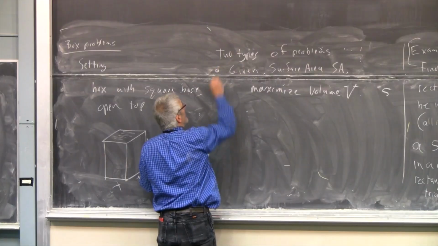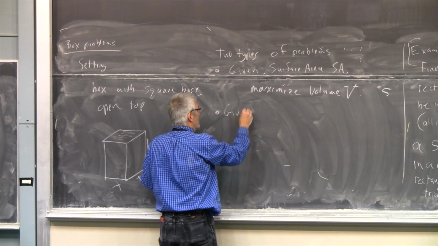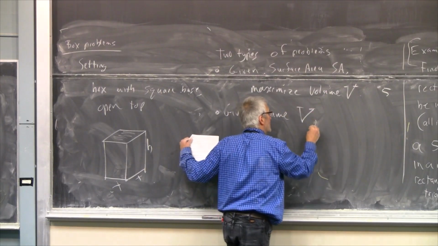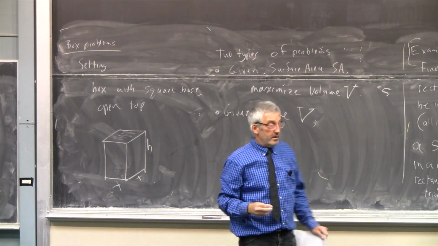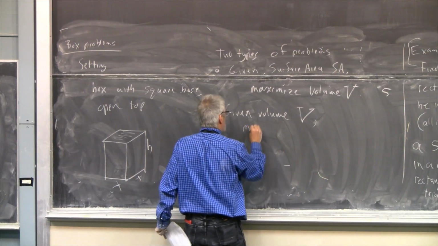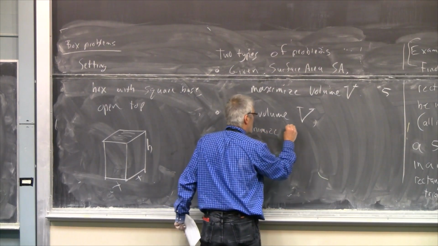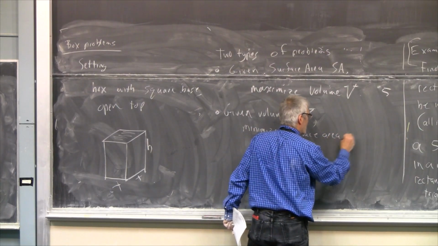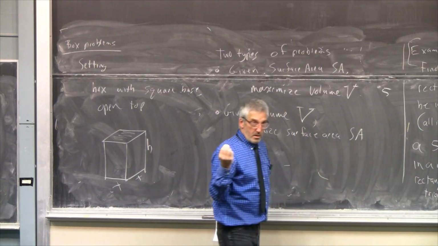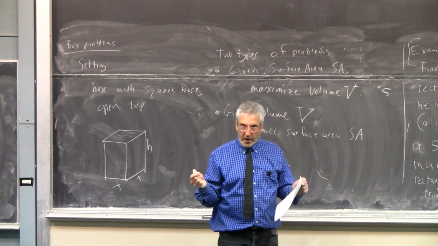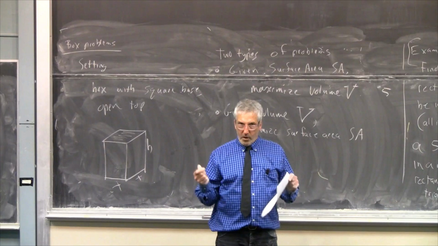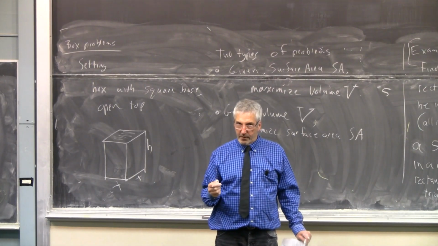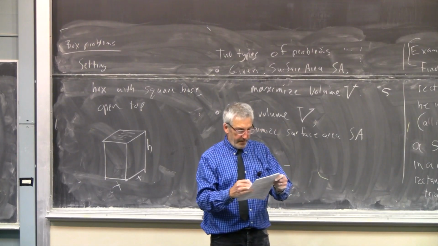Or, given volume V, minimize the surface area. So that would be, given you want an aquarium with a certain volume, what dimensions should it have to use the least surface area of glass? So there's two types of problems.